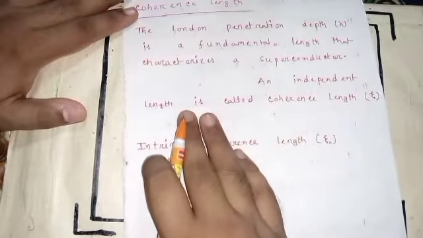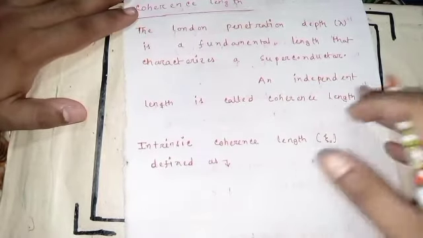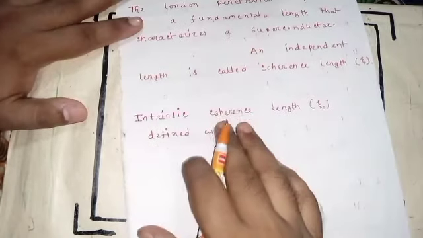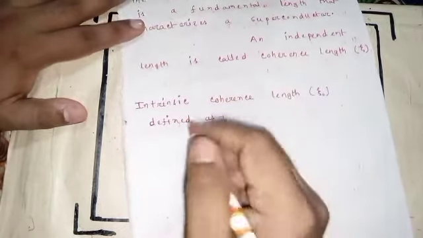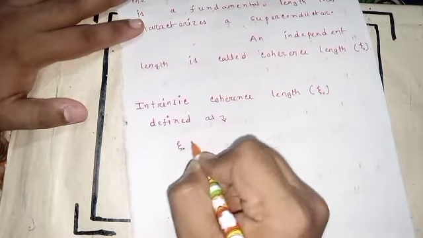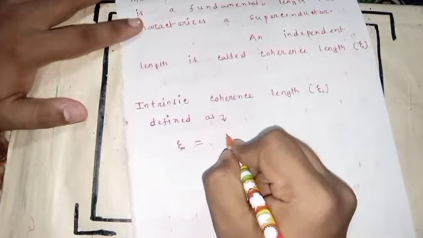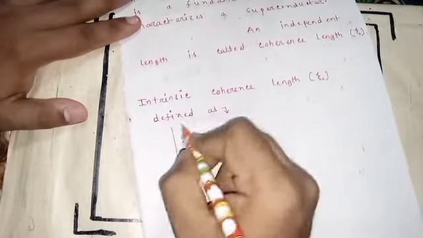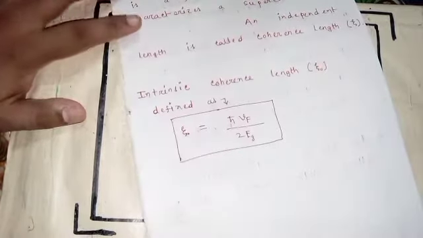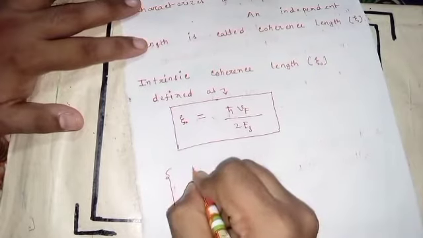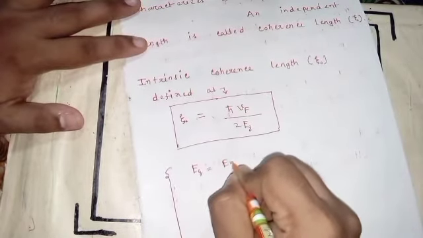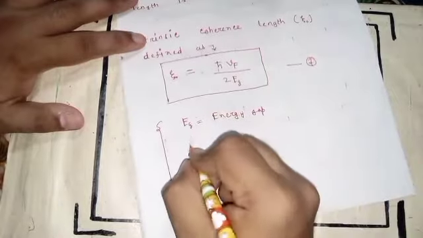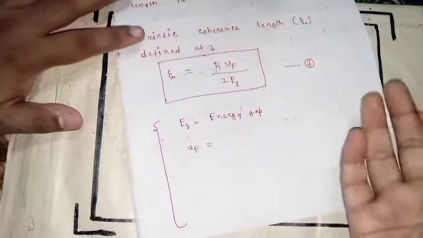An independent length is called the coherence length, and it is denoted by the Greek symbol xi. Now the intrinsic coherence length is defined as xi naught equals h cross Vf by 2 Eg, where Eg is the energy gap. This will be equation 7.